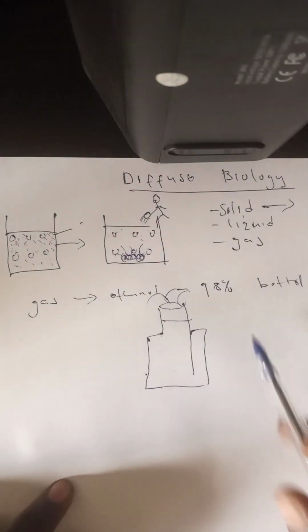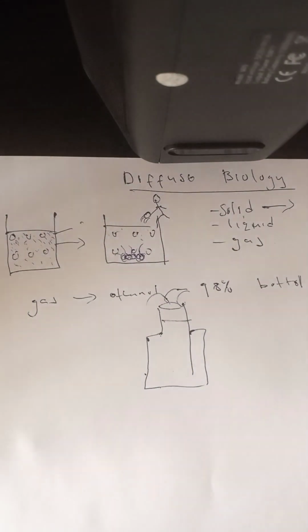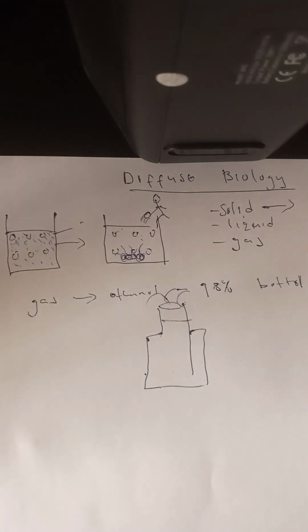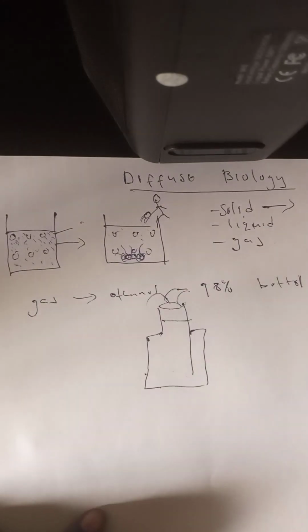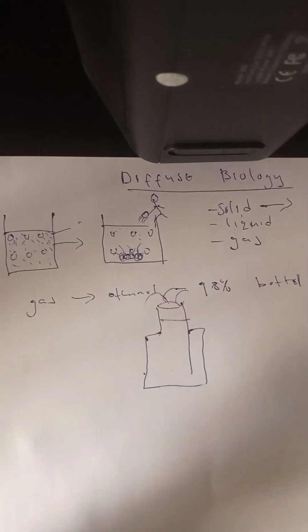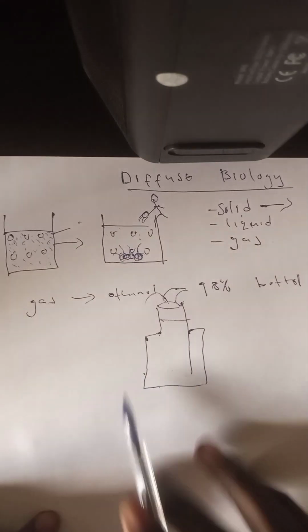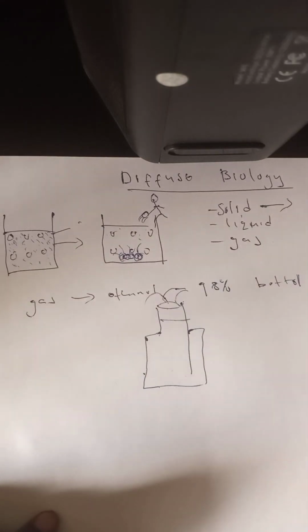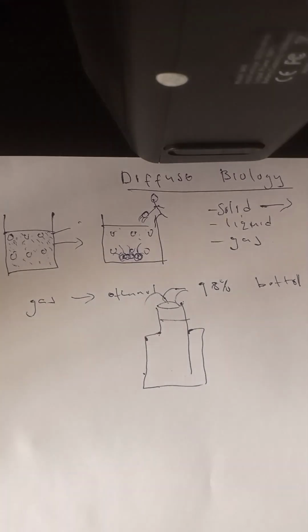Logically speaking, the room you're in right now, I believe there is no scent of ethanol, unless you're drinking right now. Many times there is no ethanol, and then when you open the bottle, the particles in ethanol will start diffusing. They will move from the bottle to the environment, bringing about diffusion.